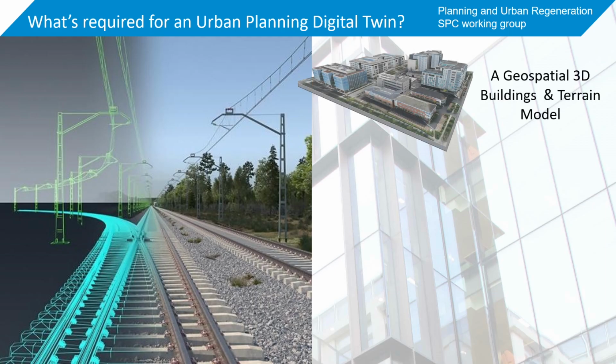So the first thing you need is a 3D buildings and terrain model, and that's essentially orthophotography, that's top-down aerial photography draped over a terrain surface, and accurately presented 3D building models. These can come in various different ranges of level of detail, which we'll see a little later on. But this is the core component. It's the key mapping component of a digital twin.